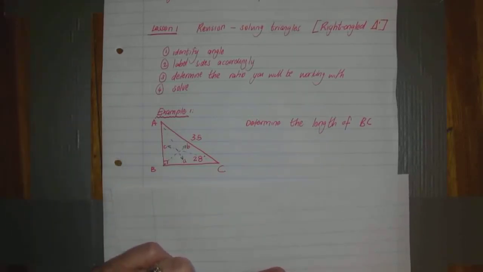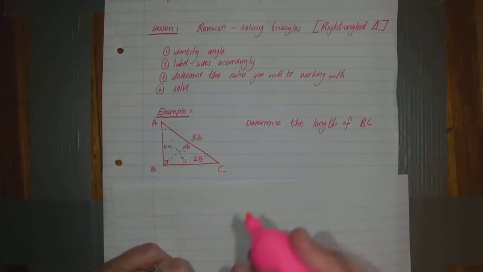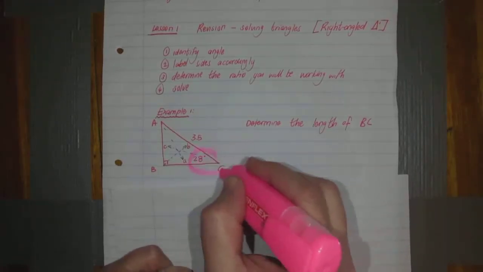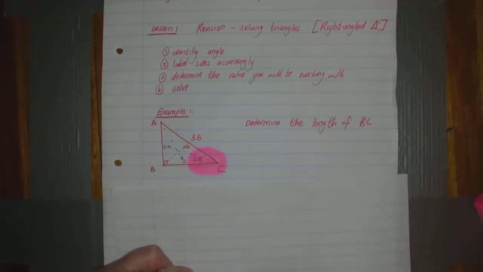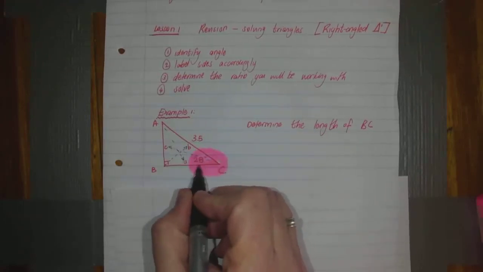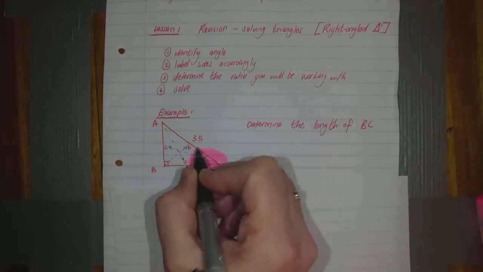So let's stick to the steps that I have highlighted there in the beginning. So identify the angle. So I just like to make it very clear to myself. There is angle C that they gave me. Touching angle C is my adjacent side.